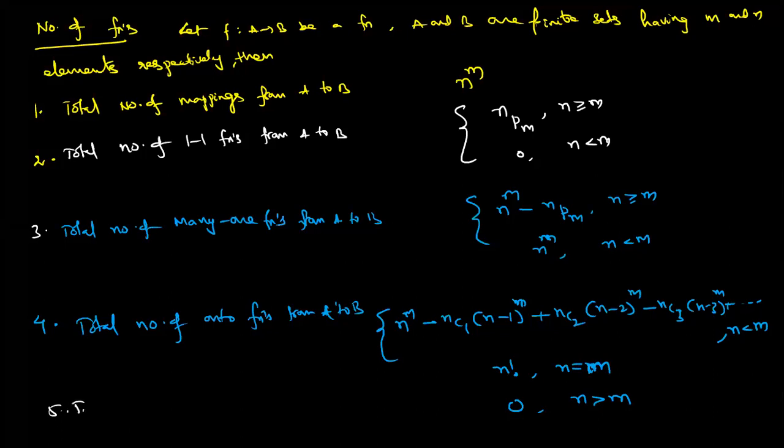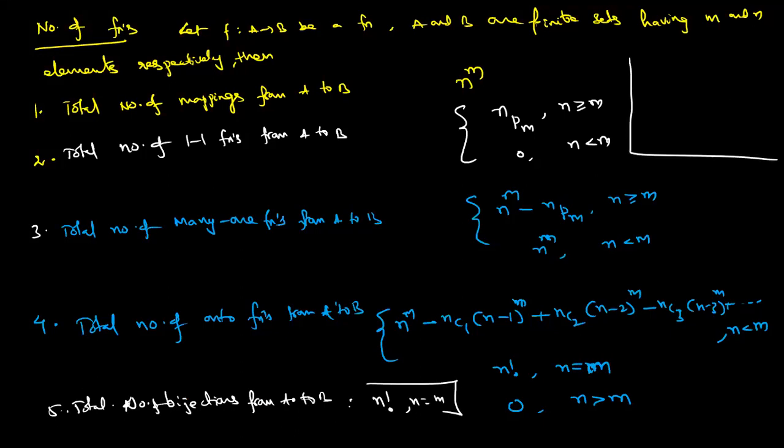Total number of bijections from A to B. What is the formula? n factorial if n is equal to m. So I'm writing, dear students. See cases, all of you.